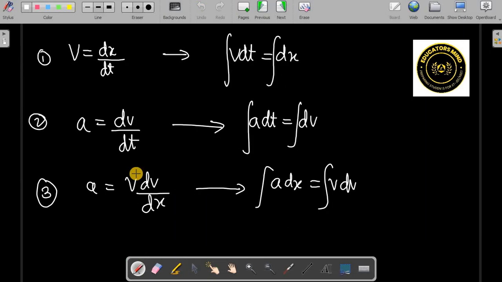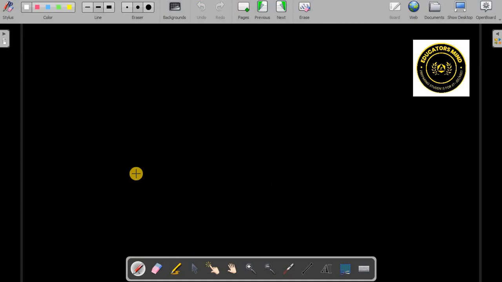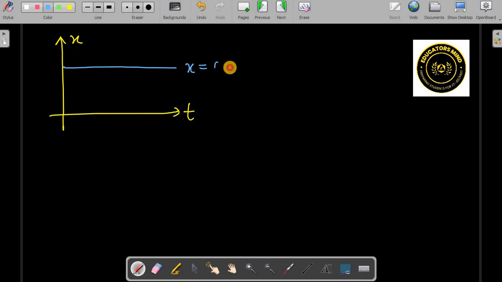Now let us see through graphs. How do we represent motion through graphs? Let's take the xt graph. In the xt graph, if x is equal to constant, that represents rest. Now if it's a straight line like this, or a straight line like this, both are straight lines.